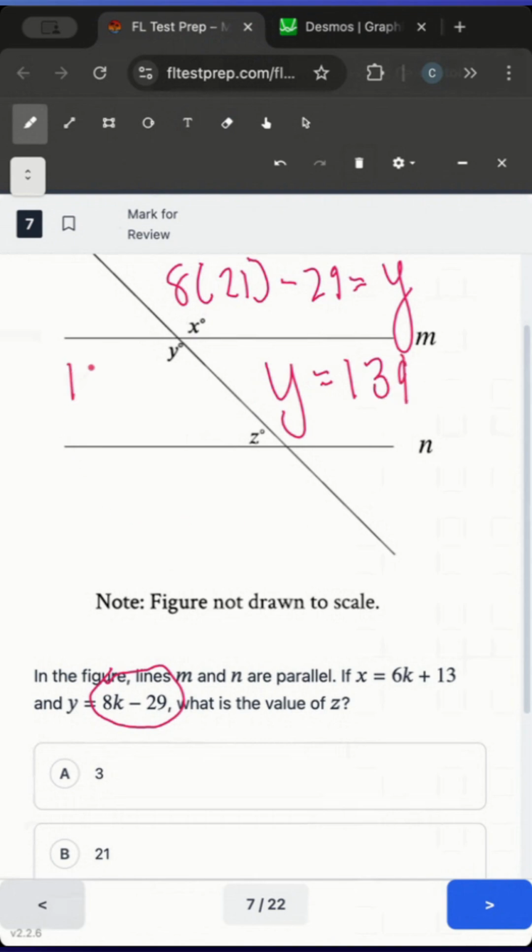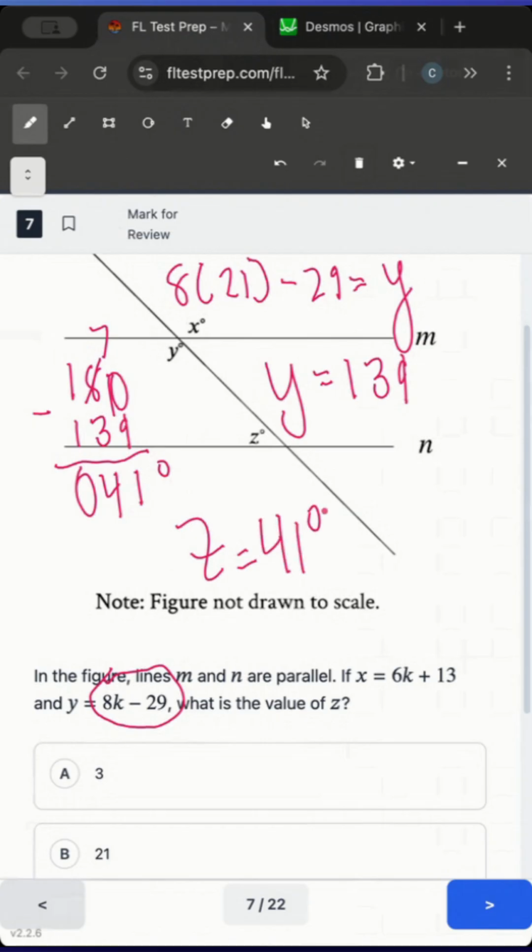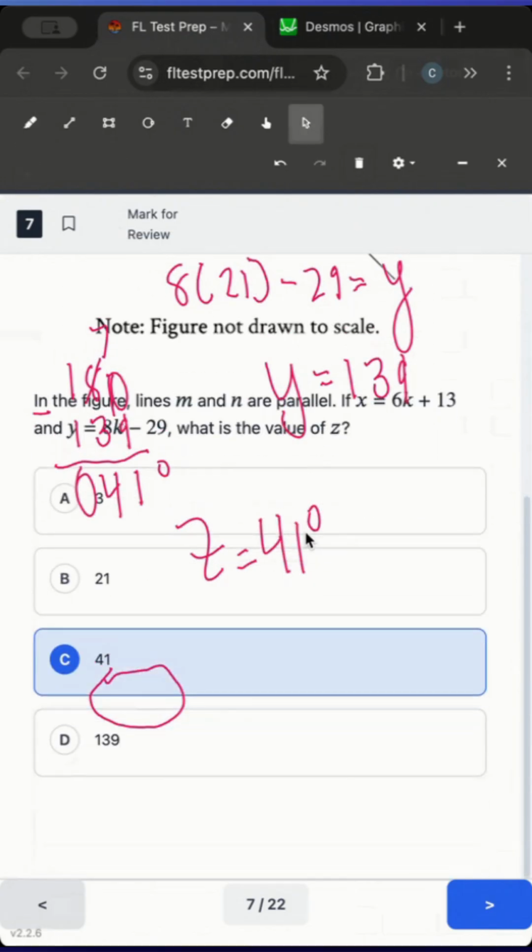So 180 minus 139 is going to be equal to 41 degrees. So z equals 41 degrees. Let me double check that with the answers. C is going to be the correct answer for this question.